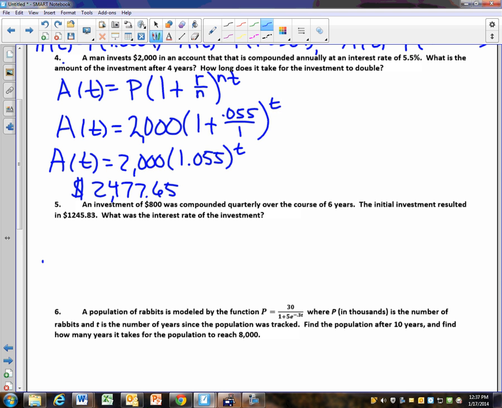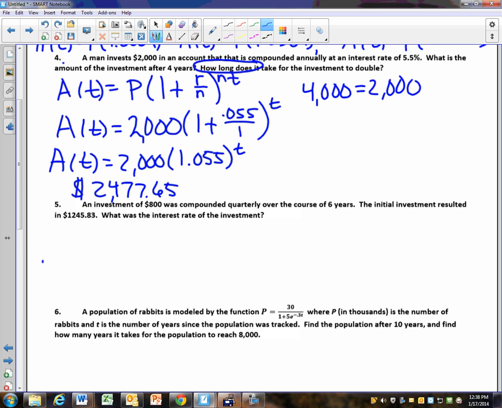How long does it take for the investment to double? How would you set that up? What variable will you be solving for? T. How long, so you'll be solving for T. If we're waiting for it to double, what's the amount going to be? $4,000.